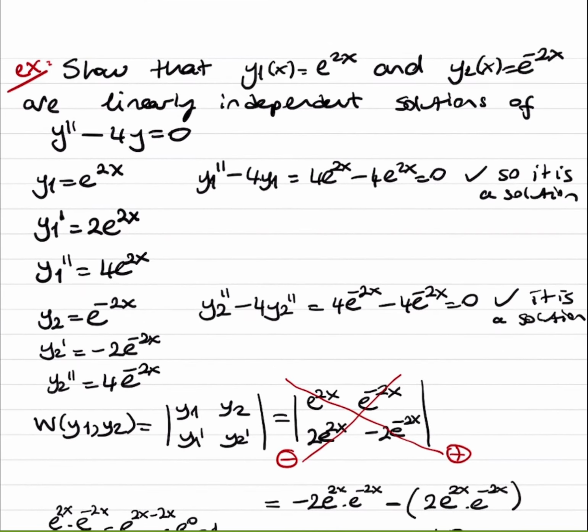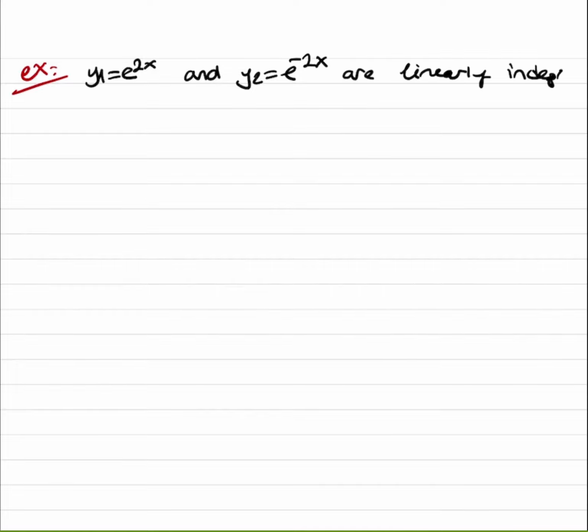So in this example, then, what is the general solution in this last example? We see that y1 is e to the power 2x and y2 is e to the power minus 2x, which are linearly independent solutions of y double prime minus 4y is equal to 0. So we see that they are linearly independent.